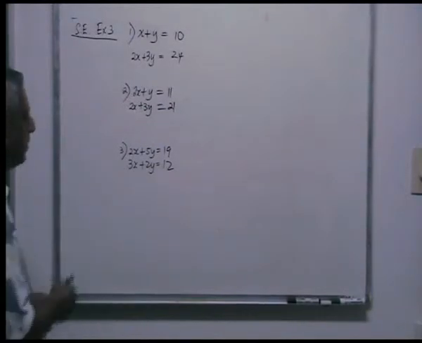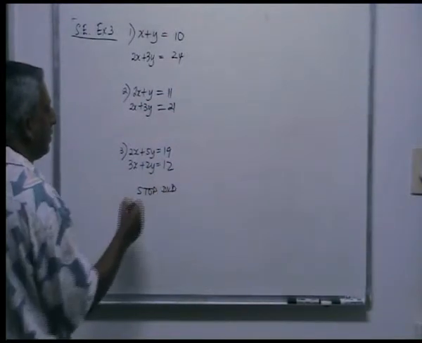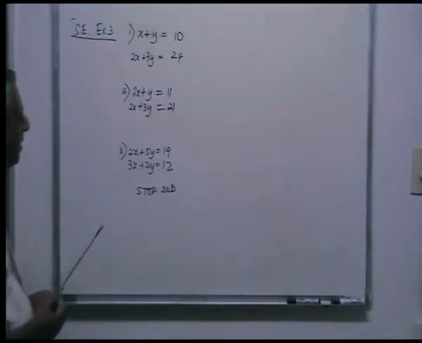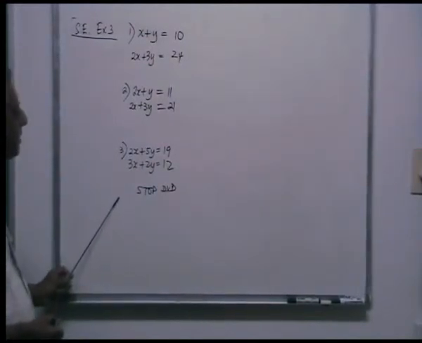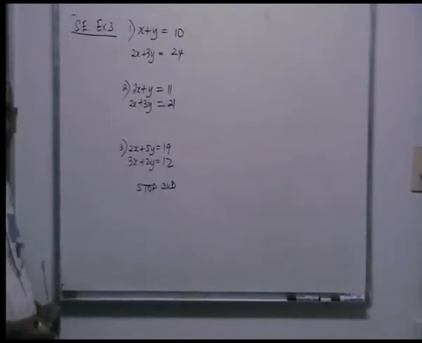Alright, so what you do now is you stop the DVD, work these examples out, and then come back and I'll work them out for you to mark your work. Alright, have some fun.